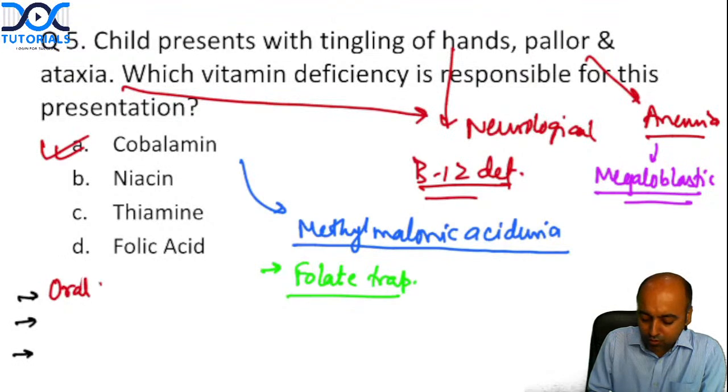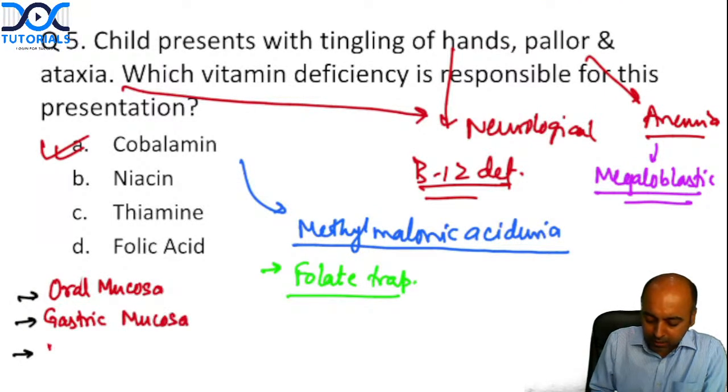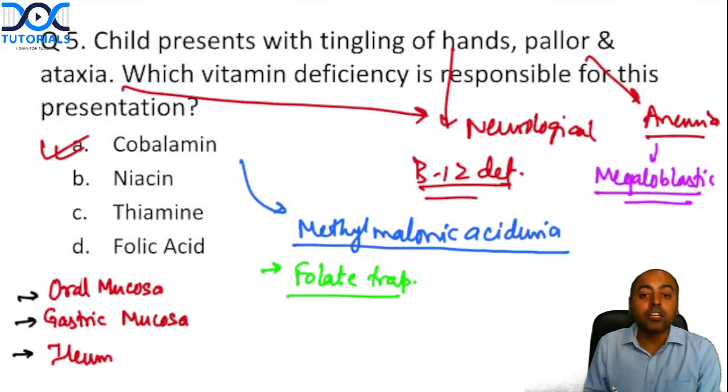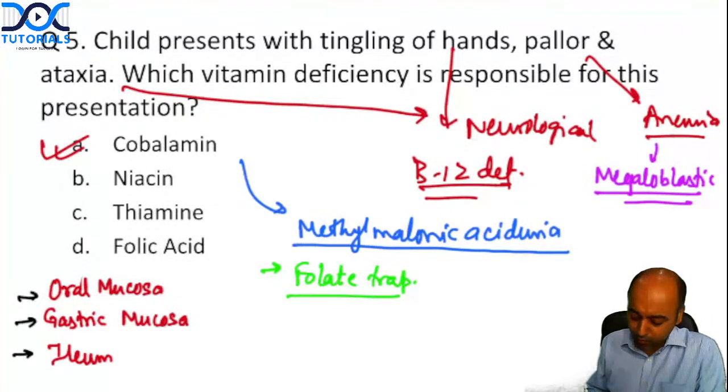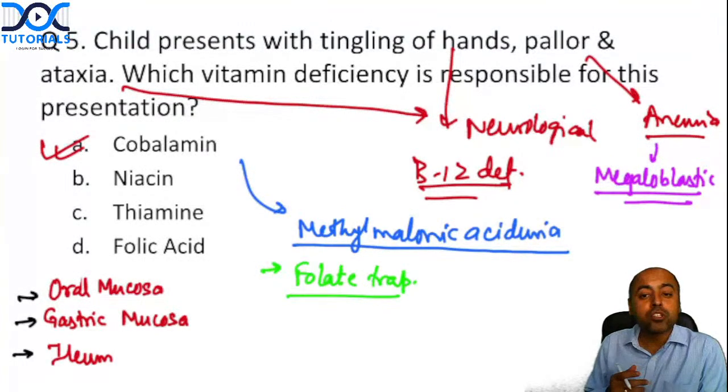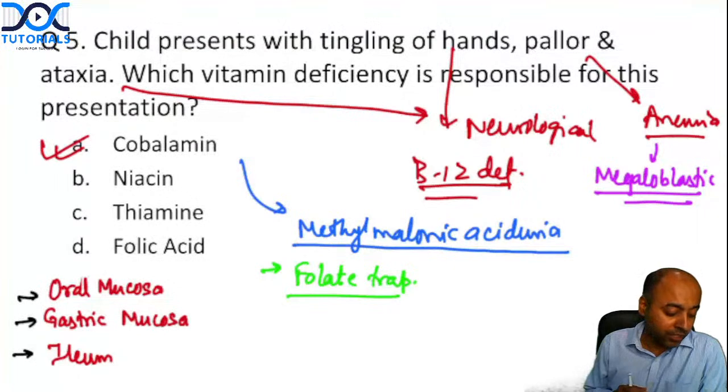First is oral mucosa. Second is gastric mucosa. And third is ileum. If any of these three are not working properly, then absorption of B12 will get affected.